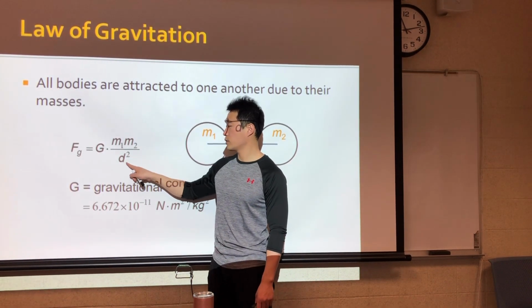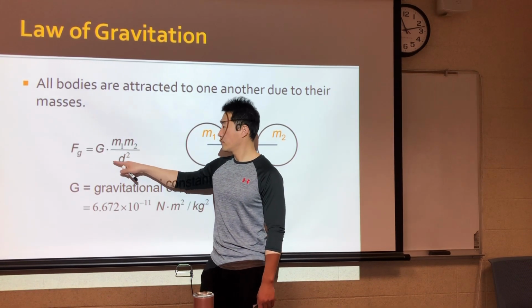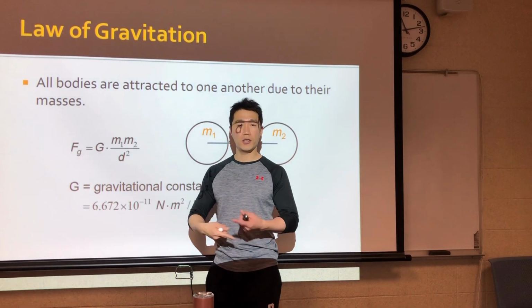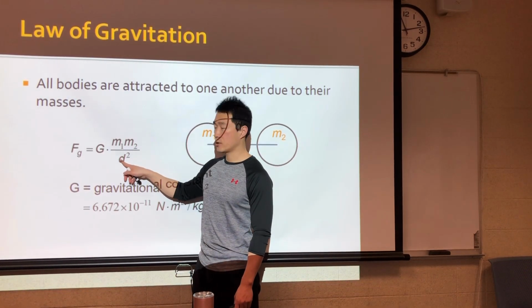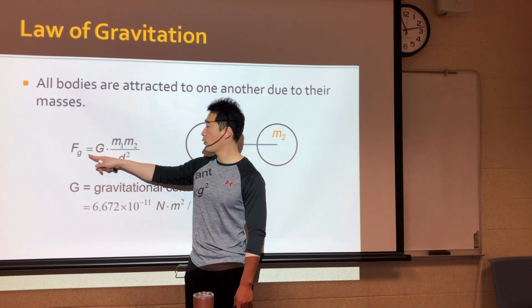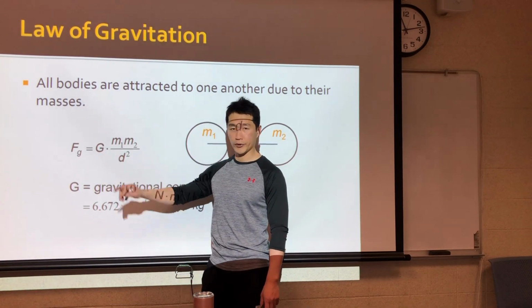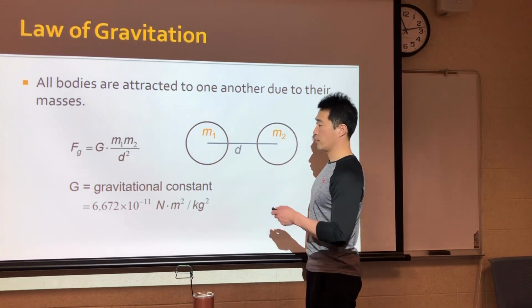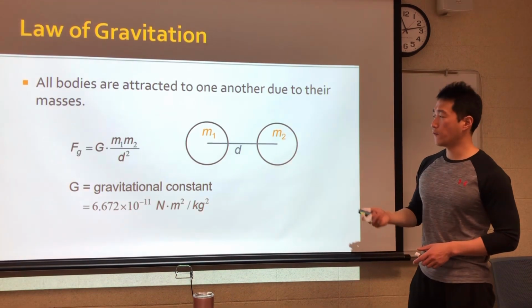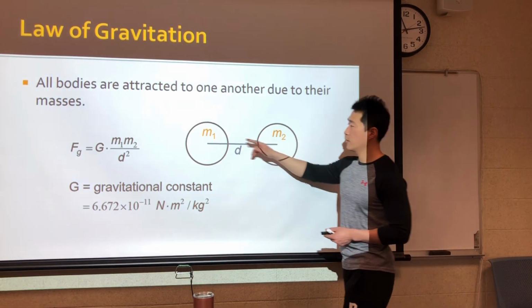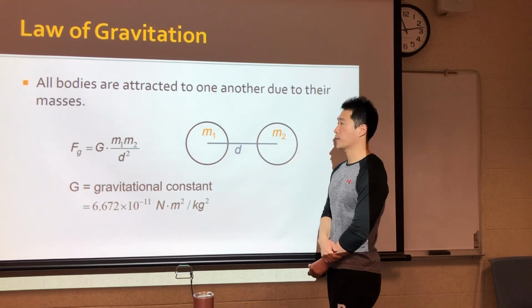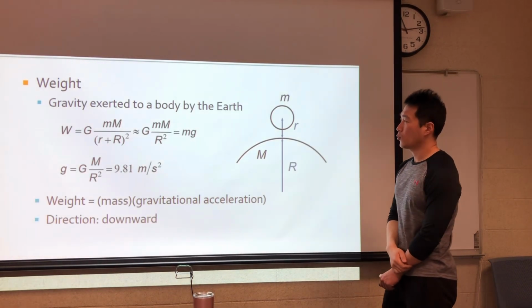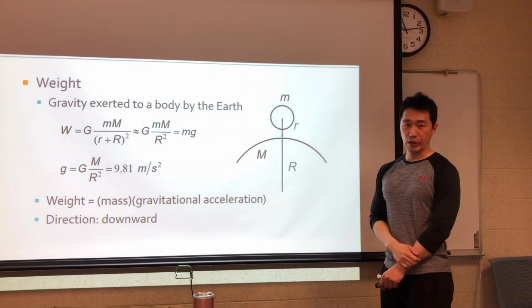This is the denominator, which means this force is inversely proportional to the separation distance. As distance increases, force will decrease, and vice versa. All in all, this attracting force is proportional to their body mass, but inversely proportional to the separation distance.